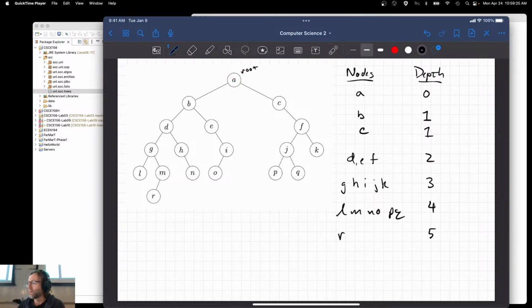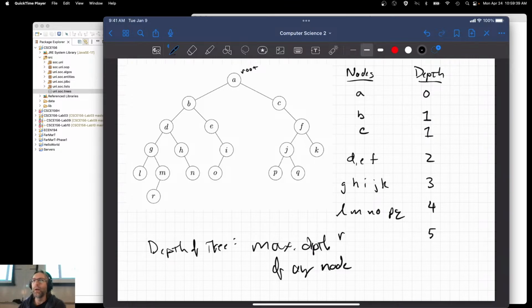Okay? Now, the depth of the tree itself is going to be the maximal depth of any node. In other words, you want to know how deep, at most, worst case scenario, how deep do you have to go into this tree to get to the furthest away node when you start at the root? Right?